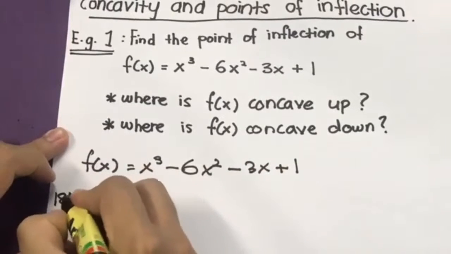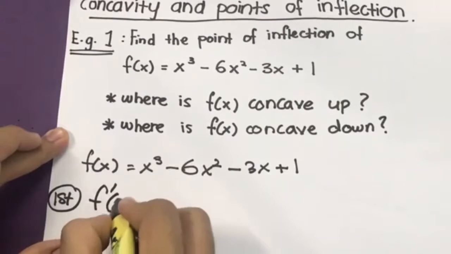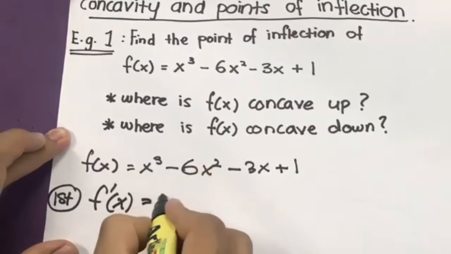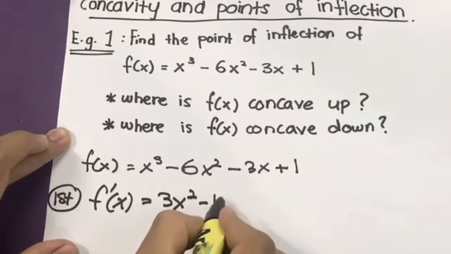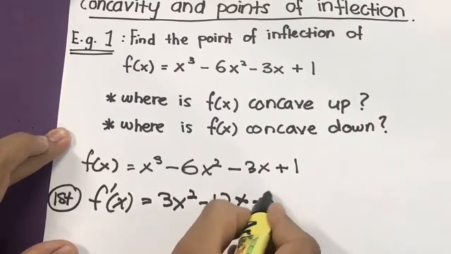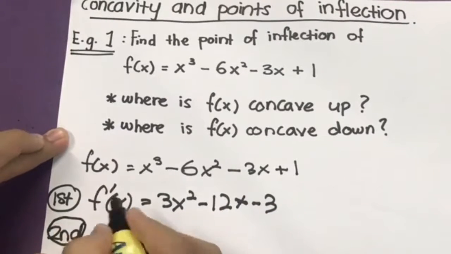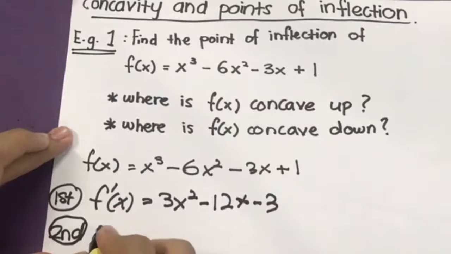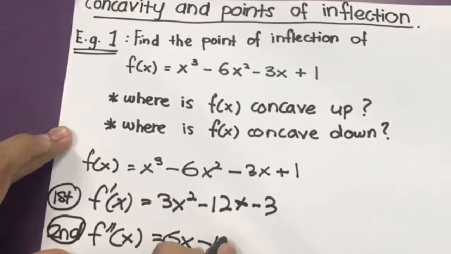We use the first derivative, which is we differentiate the function, which will be 3x² minus 12x minus 3, and then we apply the second derivative, which is differentiating another time, and it will be 6x minus 12.